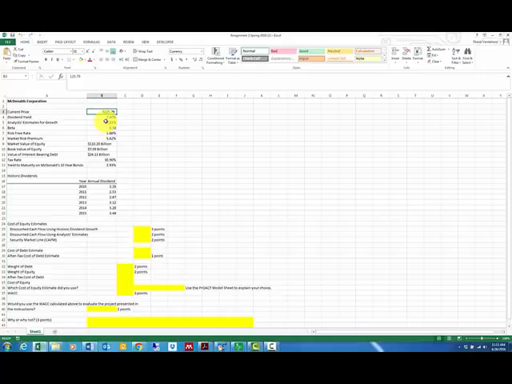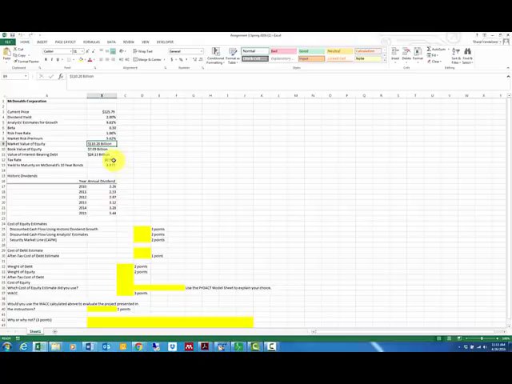The current price at the time I made this up for McDonald's stock was $125.79. The dividend yield is 2.8%. The analyst estimates for growth is 9.81%. The beta for the firm is 0.50, so it has half the market risk of the average firm. The risk-free rate's 1.86%. The market risk premium is 5.62%. The market value of equity is $110.20 billion, and then so on.